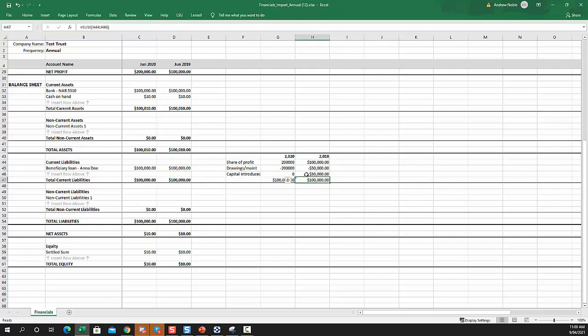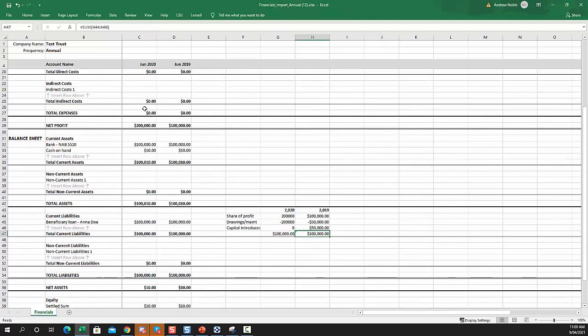That $100,000 then becomes the opening balance for 2020, and in 2020 we've got profits of $200,000. So all of the profits in this case will go to this single beneficiary, Anna Doe, and Anna also takes out $200,000 worth of drawings, or you could call that maintenance or whatever's paid for the benefit of the beneficiary.